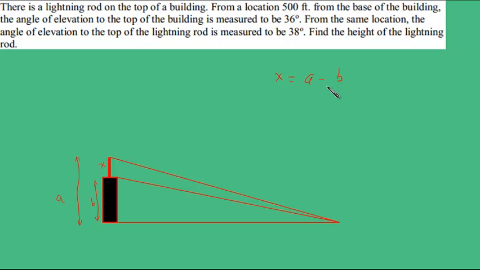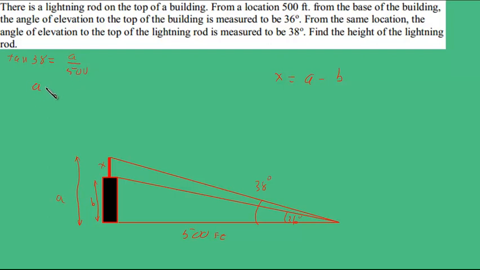Notice there's a common theme running through these problems. So it's very important that you notice these things. This angle in here is 36 degrees, but this big angle here is 38 degrees. So let's find a and b. The tangent of 38 degrees is a over 500.